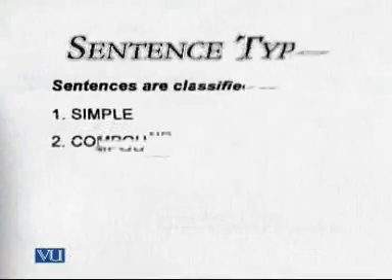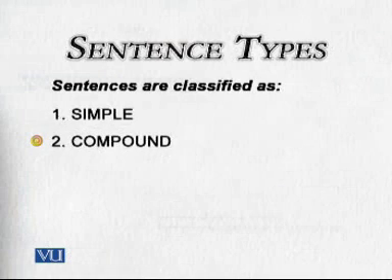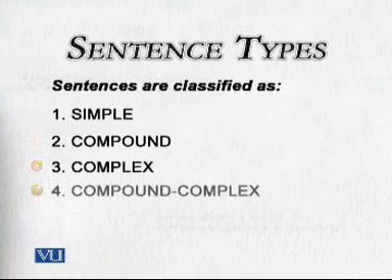In simple sentences, there is one subject, there is one predicate, and they convey one single idea, and they are independent, and they can stand alone. Then you have the second type, compound sentences. The third one is the complex sentence, and the fourth one is compound complex. These are our 4 types of sentences.